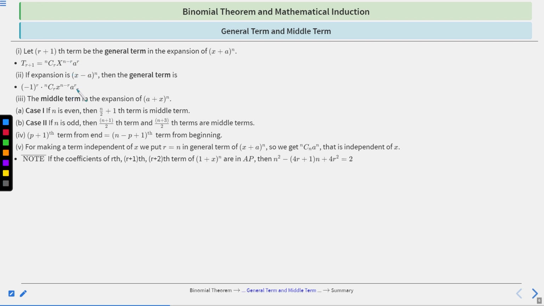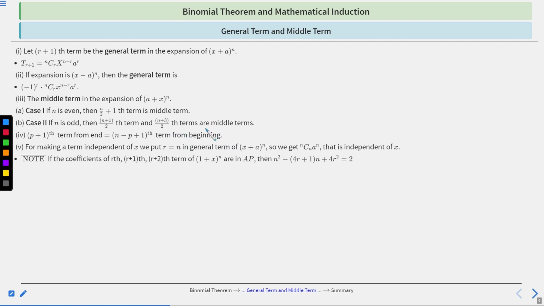If the expansion is (x - a)^n, then the general term is (-1)^r nCr x^(n-r) a^r. The middle term in the expansion of (a + x)^n: case 1, if n is even, then the (n/2 + 1)th term is the middle term. And case 2, if n is odd, then the ((n + 1)/2)th term and ((n + 3)/2)th term are middle terms. Clear?